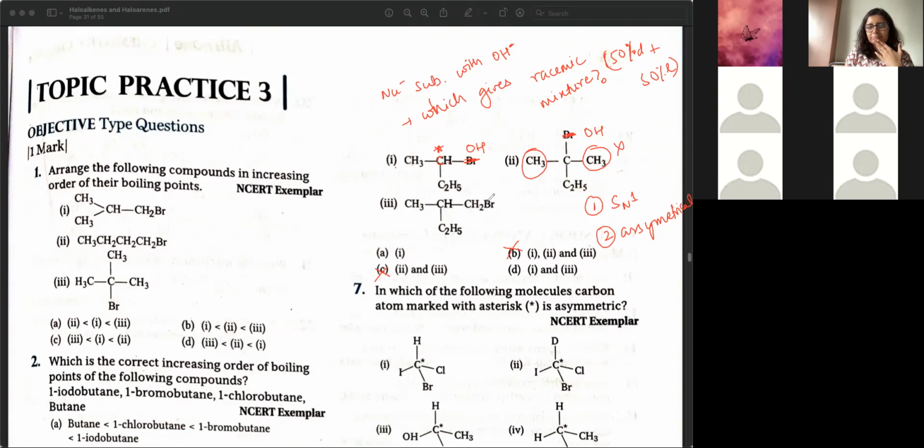Yeah, it can be chiral. Where is the chiral center? The second carbon, like it has 4 different functional groups attached.